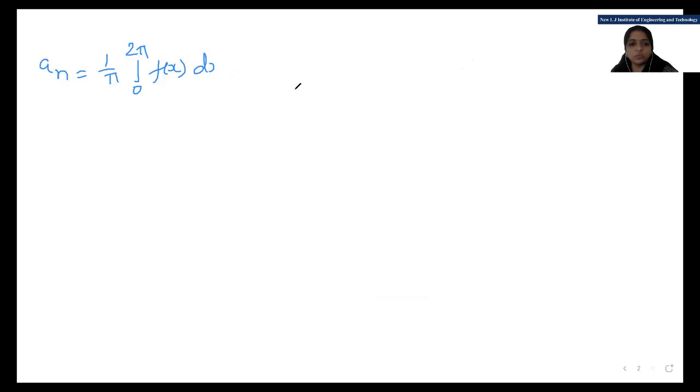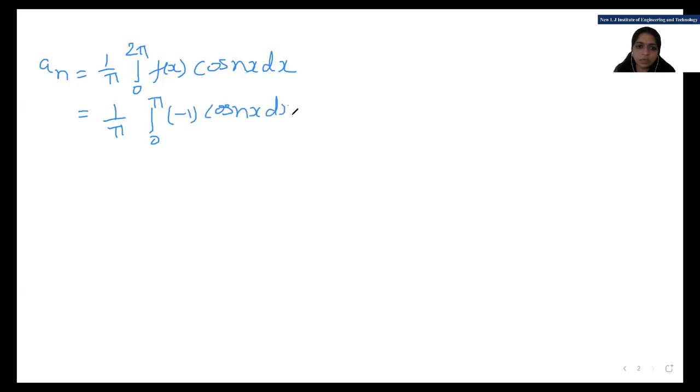So the formula of an is 1 by pi, 0 to 2 pi f of x cos nx dx, right? Now 1 by pi, for 0 to pi our function is -1, so -1 cos nx dx plus pi to 2 pi, our function is 2 into cos nx dx.